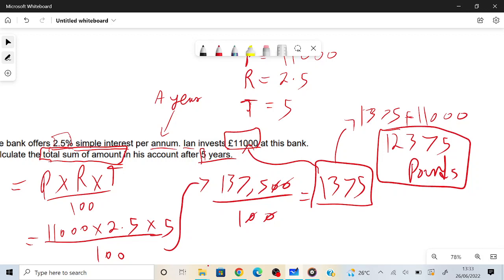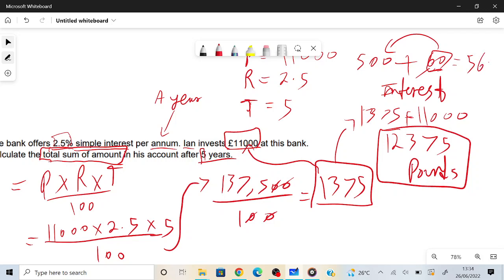So if I invested 500, I could check how much more money will be added to it once that 5-year term is ended. Maybe let's say 60. So that means 60, whatever currency, will be added to my original amount invested. This is simply the interest that you're earning. And I could also look at it in terms of the total amount of money I'll have, which in this case would be 500 plus 60, which is 560. And that is exactly what they're asking in this question, the total sum of amount.